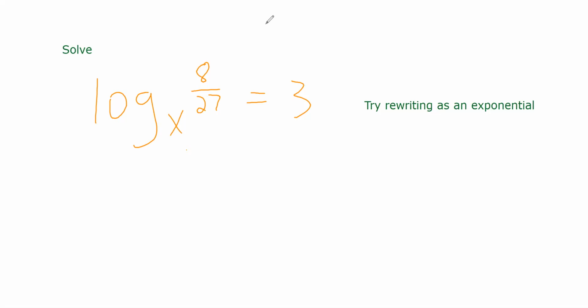Oh, okay. So let's think. The exponential equation for this would be x to the 3rd power equals 8 over 27. And perhaps that's not too comforting at this particular juncture.